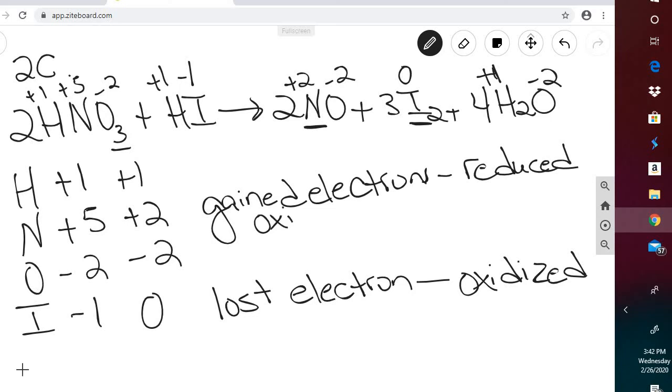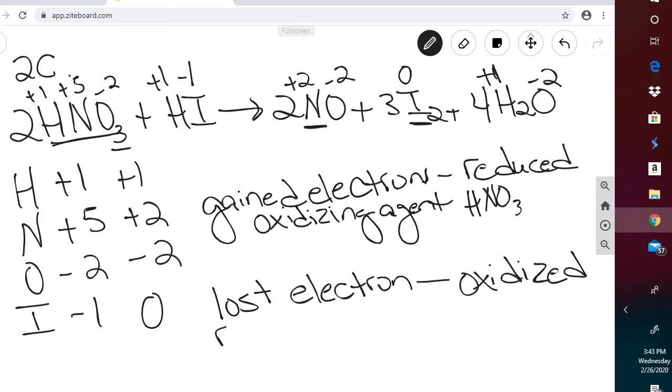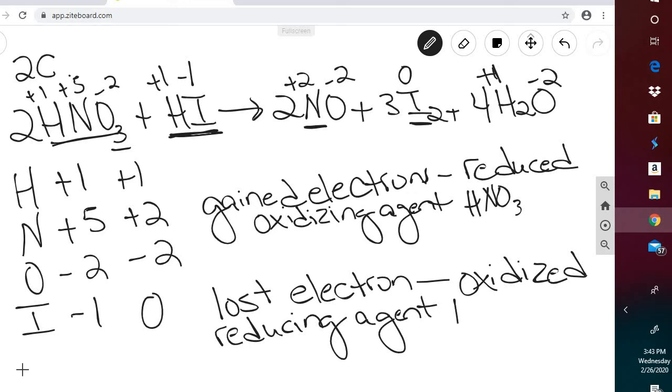So the nitrogen that was reduced came from this. So the oxidizing agent is HNO3. And then the iodine was oxidized, so the reducing agent, that iodine came from here, so the reducing agent is the HI. Okay, so that is 2C.